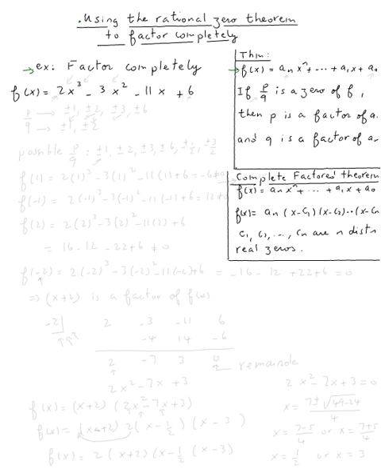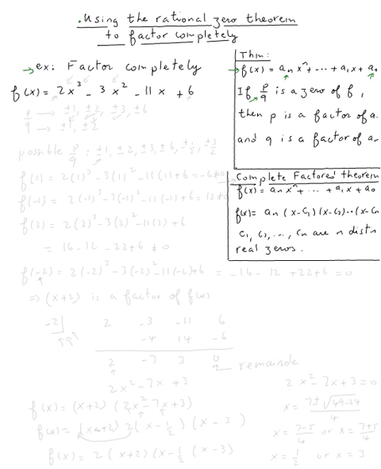The rational zero theorem says if f of x is equal to an x to the n all the way to a0, and if p over q is a 0 of f, then p is a factor of a0, the constant, and q is a factor of an, the coefficient of the highest degree term.